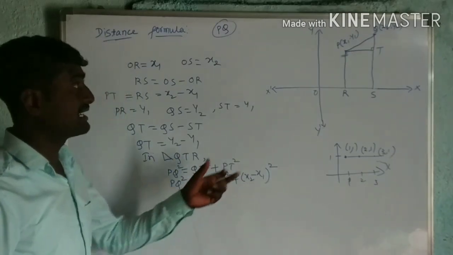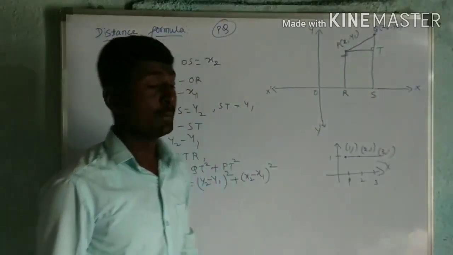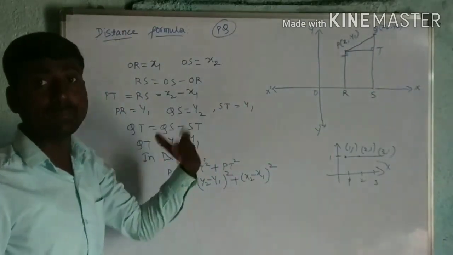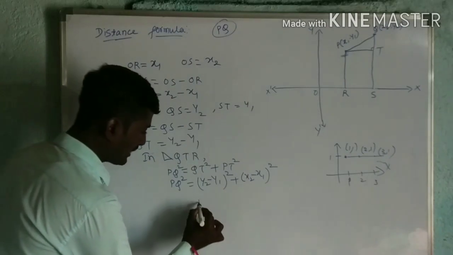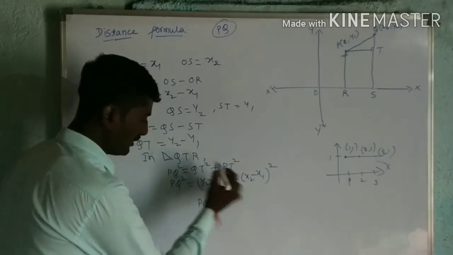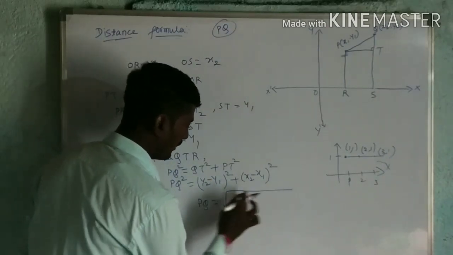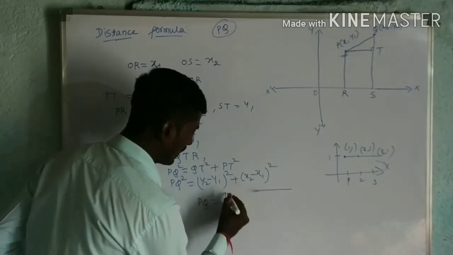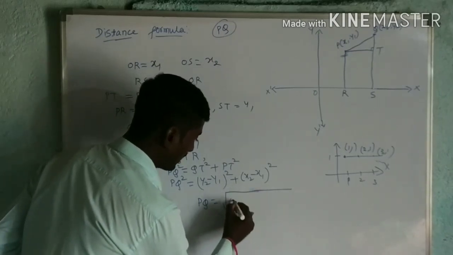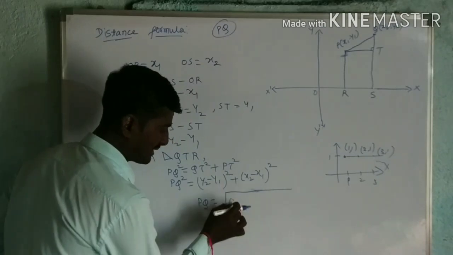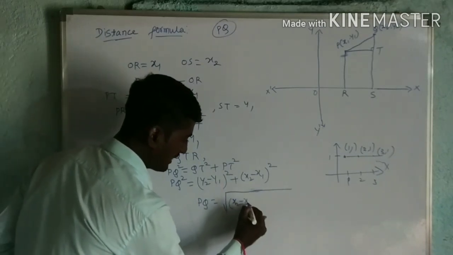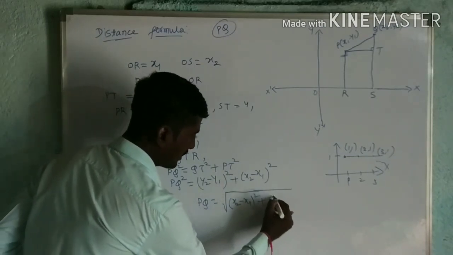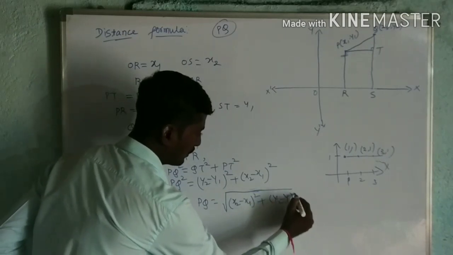But I want the distance between P and Q, that is PQ, not PQ square. So PQ is equal to the square root of x2 minus x1 whole square plus y2 minus y1 whole square.